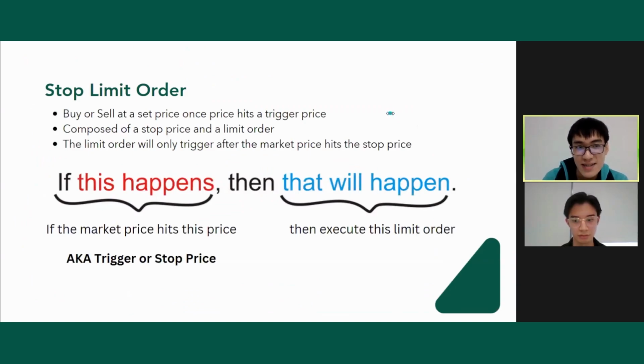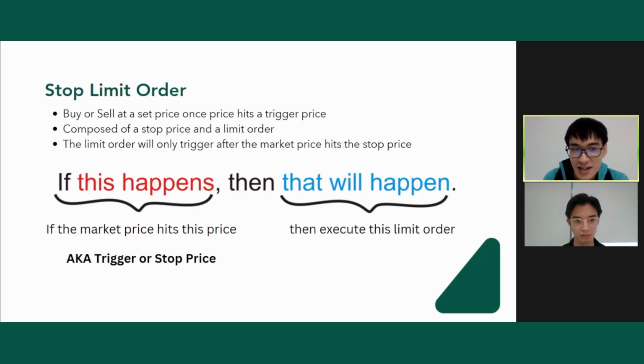So next is the stop limit order. So this order, medyo mas complicated naman to. Basically, it's a buy or sell at a set price once price hits a trigger price. So basically, para siyang if and then statement. How it works is, if the market price hits this price, what we call the trigger or the stop price, then it will execute this limit order.